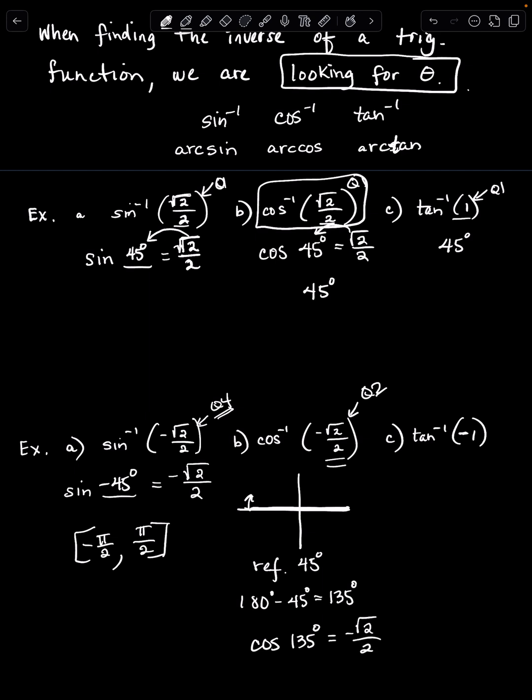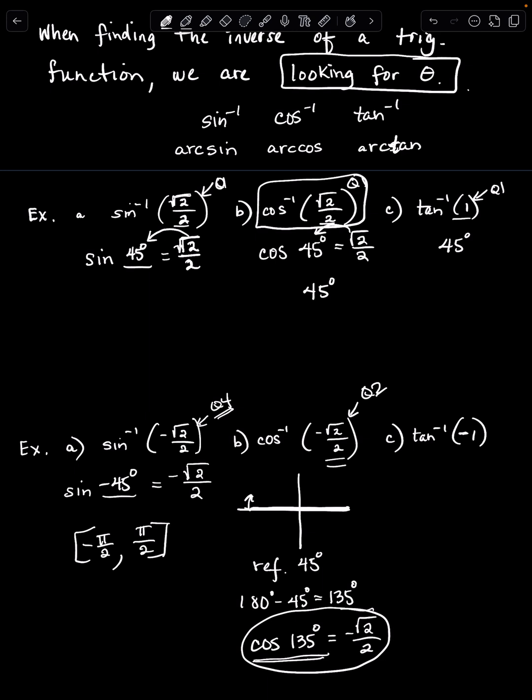If I just asked you what the cosine of 135 degrees was, you would have said that's quadrant 2, the reference angle is 45 degrees, that's the square root of 2 over 2, and that's negative. So this is verified.